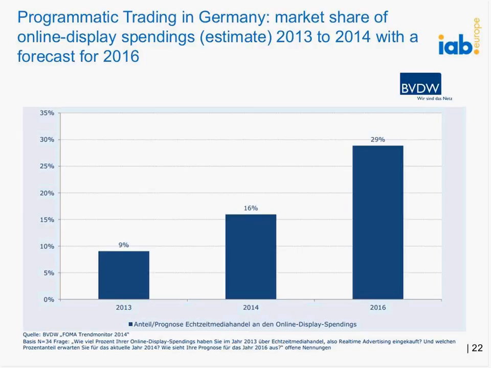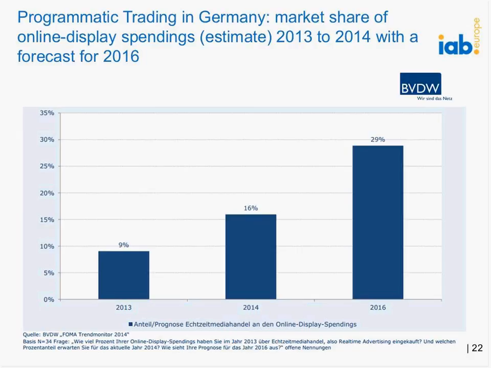If you look at the numbers here for Germany in 2014, you see that the German market has just a 16% share in programmatic compared to the whole display market, which is a pretty small number. One thing about the number: this is an estimation, because there are not any proven numbers right now.